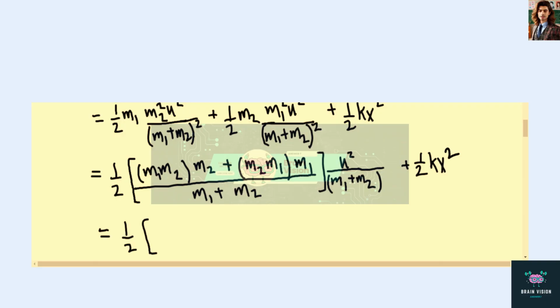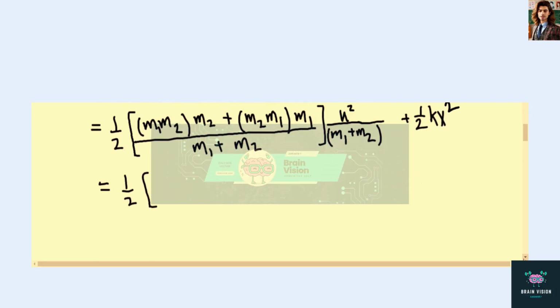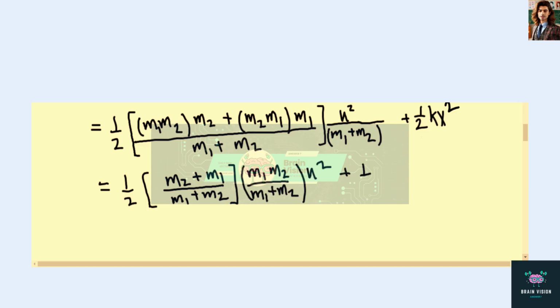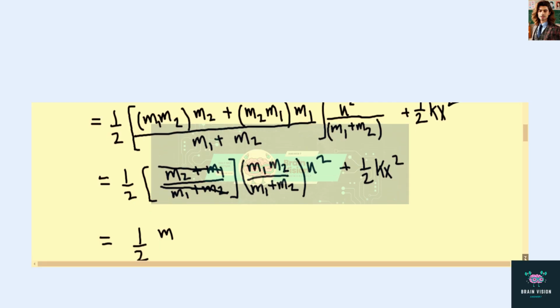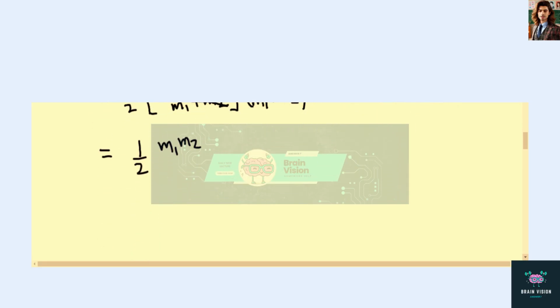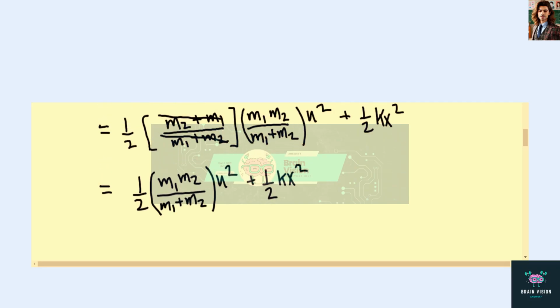Okay, so now we have it. Now you can pull out the factors that these two terms have in common, and you get this result. You see that m1 plus m2 in the numerator will cancel with m1 plus m2 in the denominator. And this is what we have.